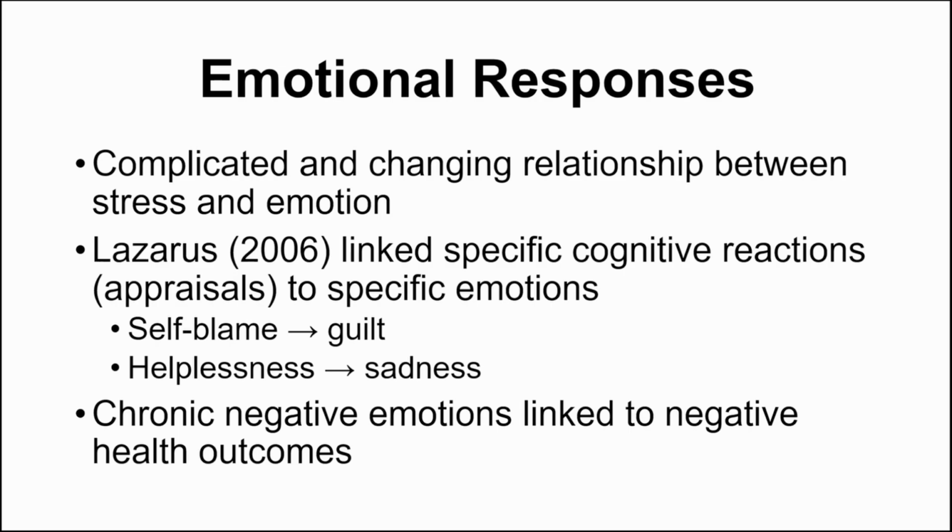So there's a whole range of different types of responses related to our emotions. Again, it's a complicated interaction where no one type of stressor is always and consistently going to produce a particular emotional response. This is going to be very variable. It'll depend on the individual, but also that individual's current state when facing that stressor to begin with.